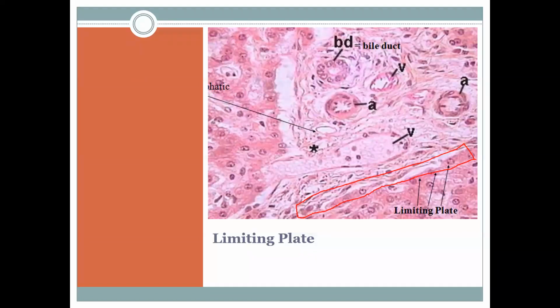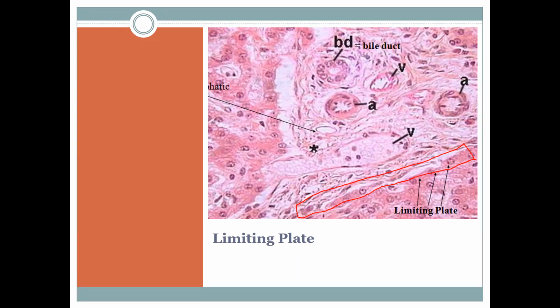And it is important for the following reason. In the portal triad, there is always an inflammatory infiltrate, a very small number of inflammatory cells. What you call a standby or transient inflammatory infiltrate that is present in the portal triad.